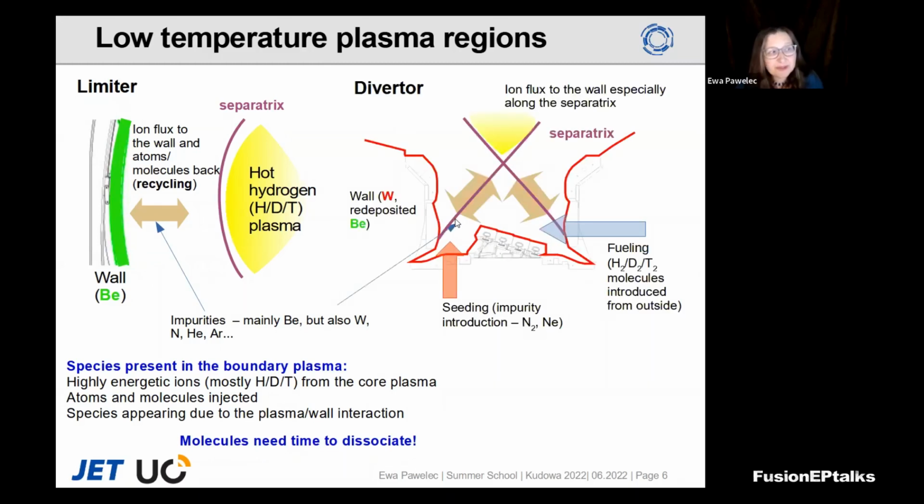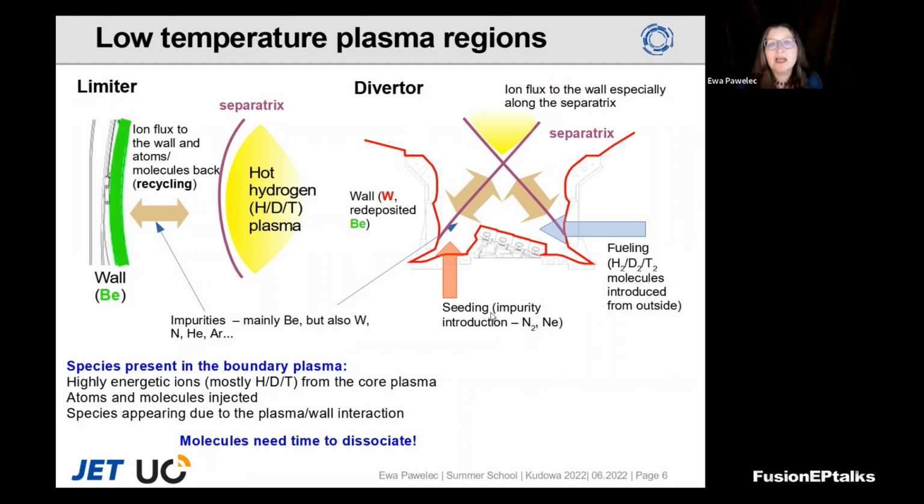In the case of the divertor, we have relatively cooler plasma, especially in the detached divertor. And we have here two very strong fluxes, which are along the separatrix. So here on the so-called strike points, we have very strong fluxes. And here, everywhere, we have also those fluxes that go through the separatrix. And then we have, of course, many fueling molecules that may also be introduced from outside in this region.